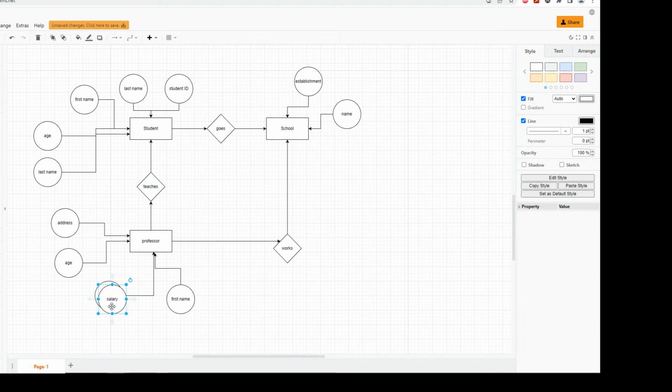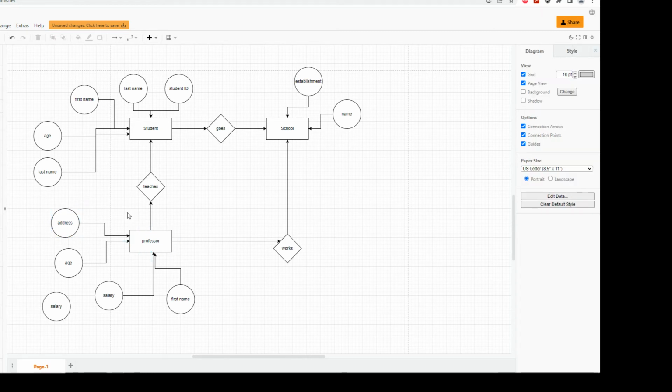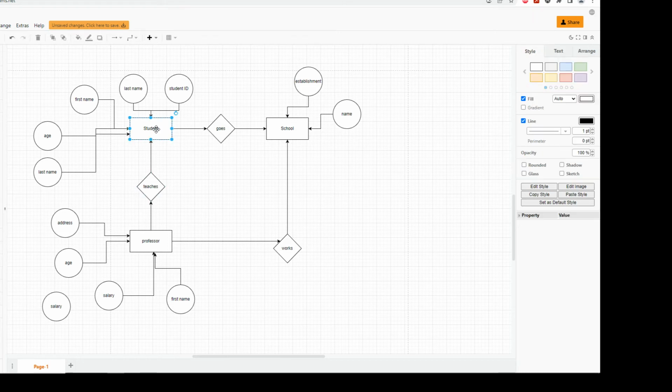Oh, okay. Why don't we add one more? Can any of these uniquely identify the professor? You can argue that address can uniquely identify the professor. But what happens if I ask you, can some other people live in the same address as this professor? Maybe his family member, or maybe his son or his kid. The student can be the professor's child, right?